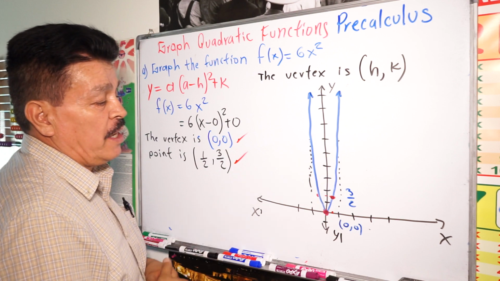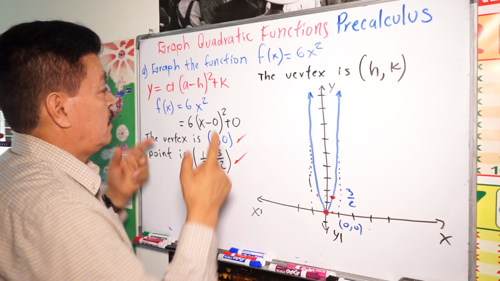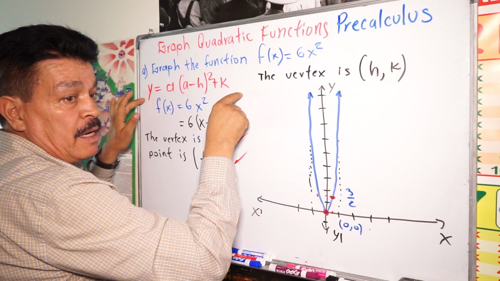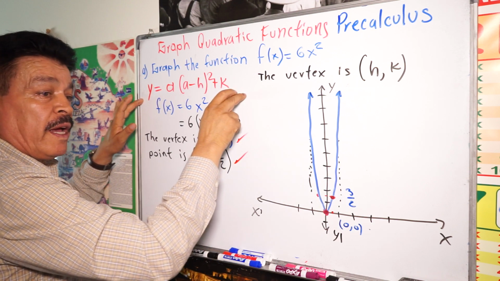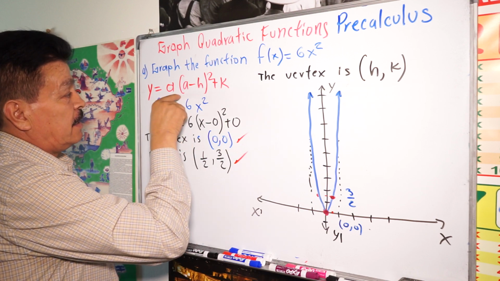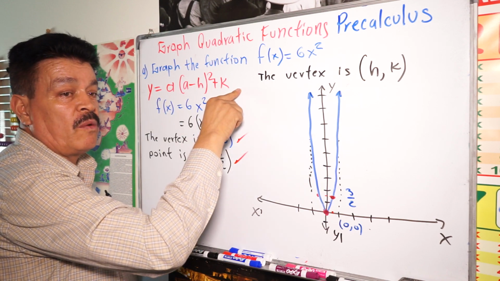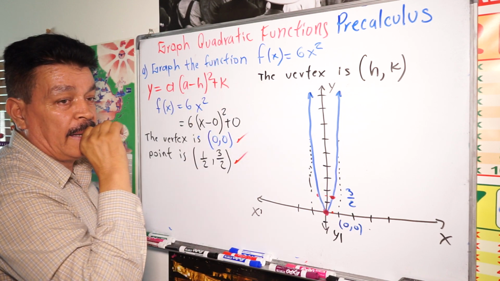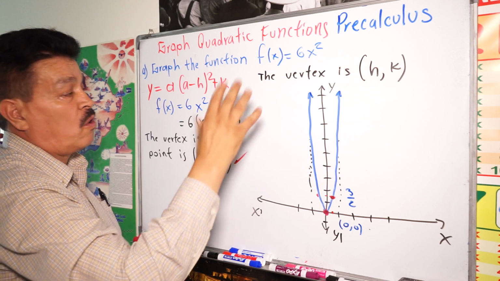Right now this unit is about functions, and it's very important. Remember this formula, the vertex form of the parabola. Also, the parabola opens up or opens down.